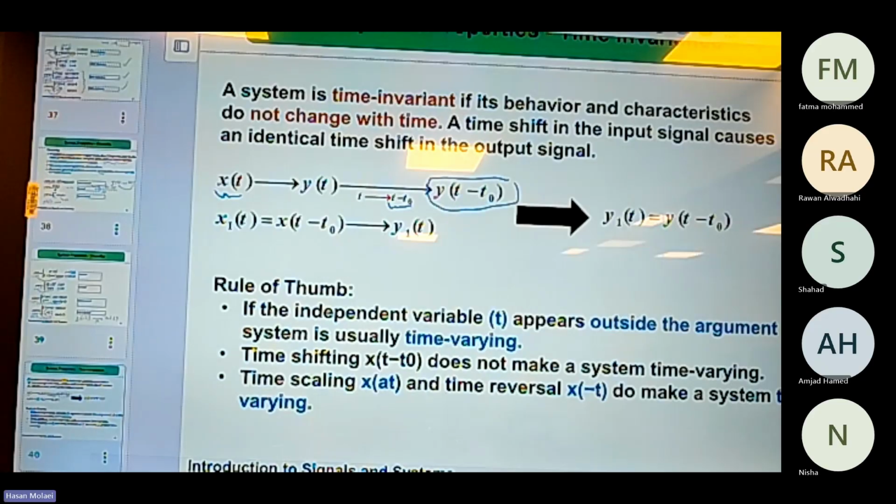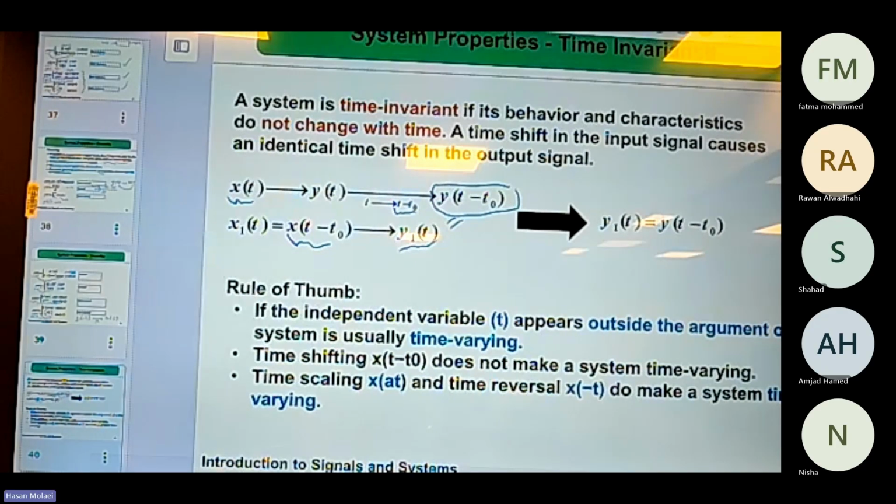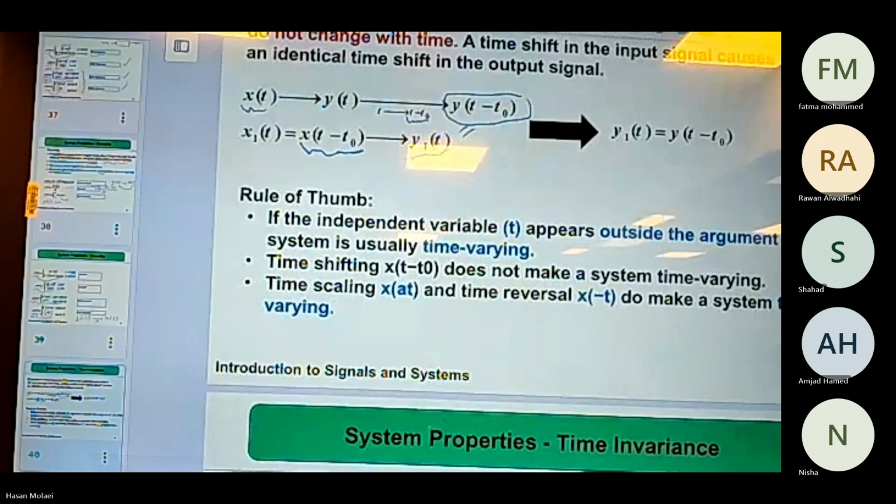These two should be equal. That means once you apply x(t) and see the output, you just time shift the output. Another time, you time shift x(t) and see the output, and they should be the same.